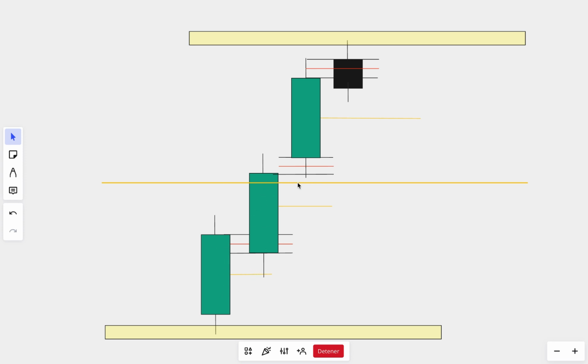The 50% between this gap and this high time frame candlestick. This is the monthly candle, and this is the daily. So we are anticipating we have more probability to move to this range than below.